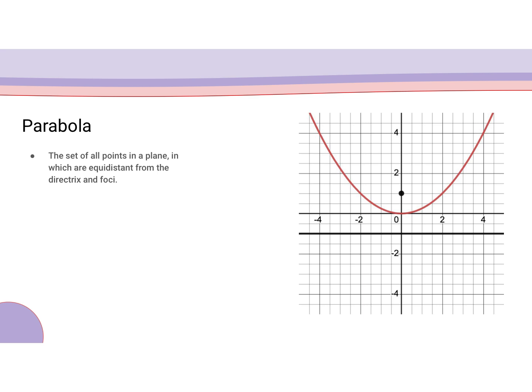As we've talked before, these all have very specific definitions. A parabola has an even more specific definition: it's the set of all points in a plane that are equidistant from the focus, which is really only one, and the directrix. The directrix is a line that is perpendicular to one of the two axes.